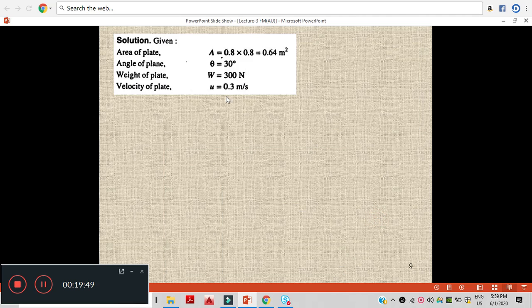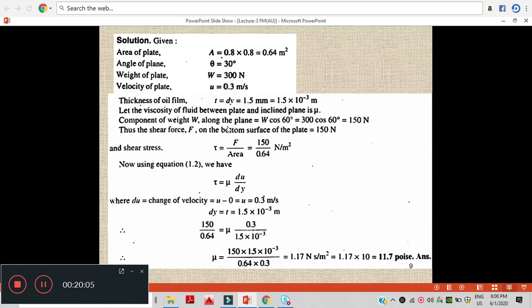First of all, we write down the available data. The area of the plate is given, the angle of inclination is given, the weight of the plate, which is acting downward, is given, and the velocity of the plate is given. The thickness of the film is also given.